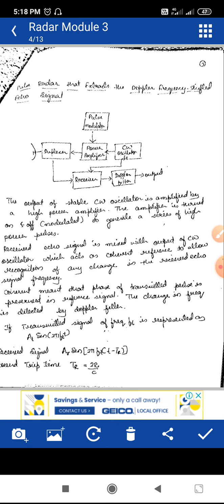So tr is the round trip time from the radar to the target and back. So tr is equal to 2R by c, where R is the present range of the target.